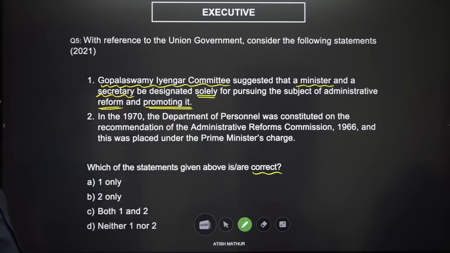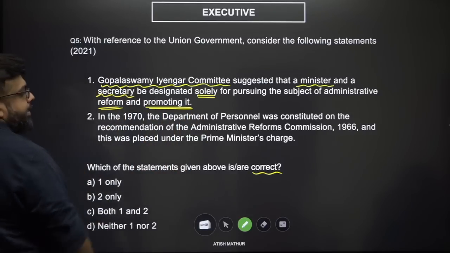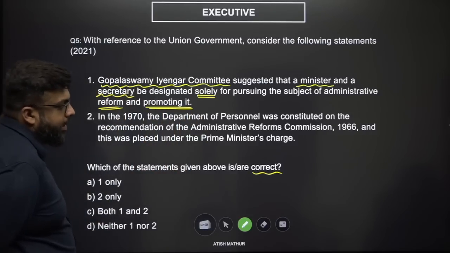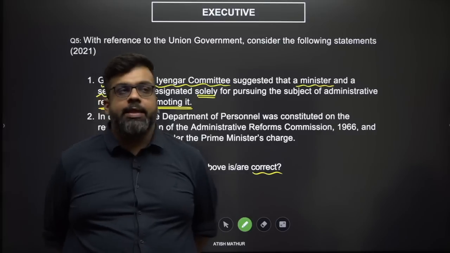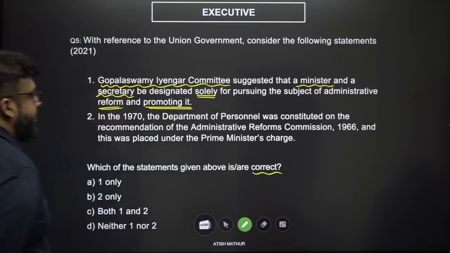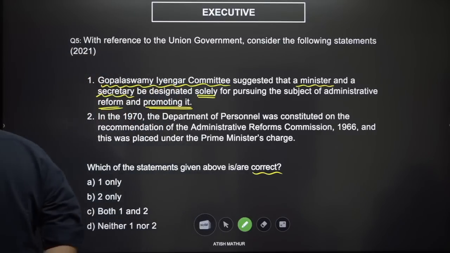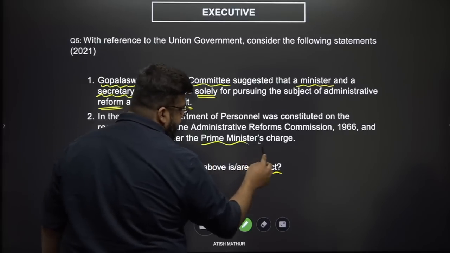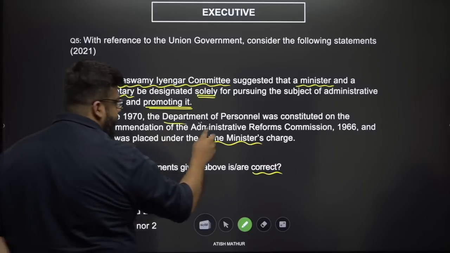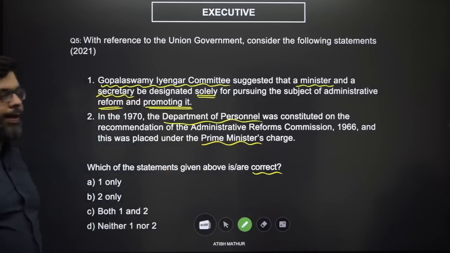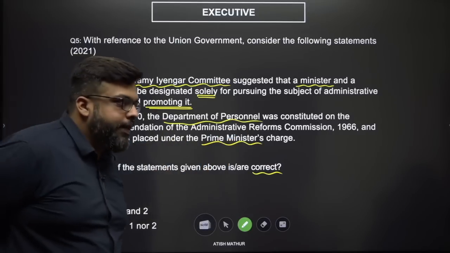In the year 1970, the Department of Personnel was constituted on the recommendation of the ARC of 1966, and this was placed under the Prime Minister's charge. We're talking about the Department of Personnel. Seems like a tough question.